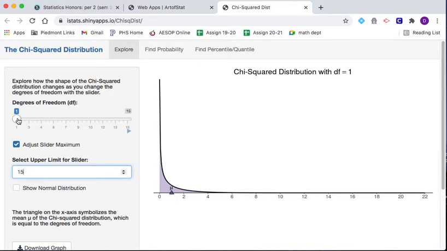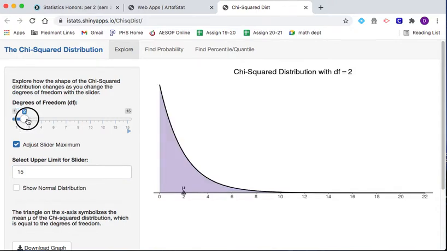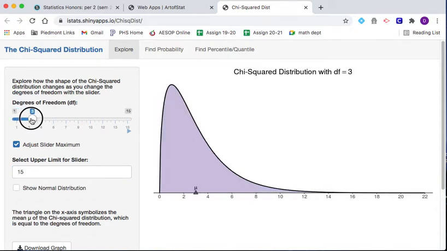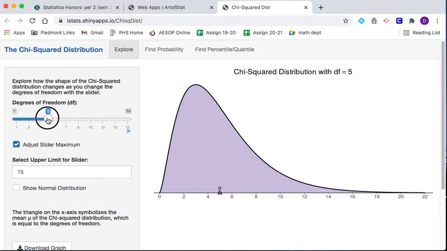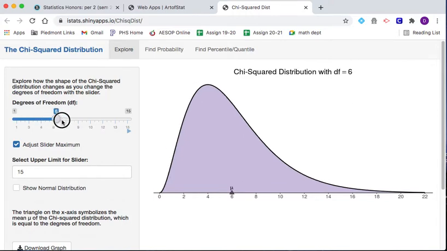So as I go up to 2 degrees of freedom, 3, 4, 5 degrees of freedom, you see how the curve is changing. It's becoming a little less skewed. Let's get up to 6 degrees of freedom, 7.